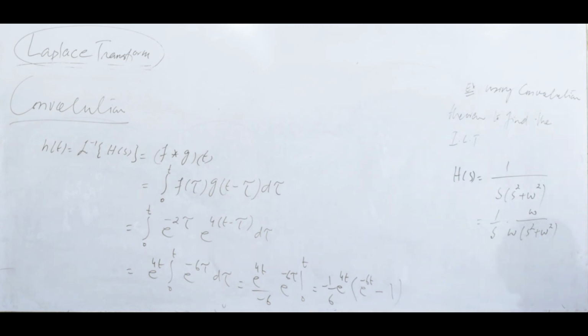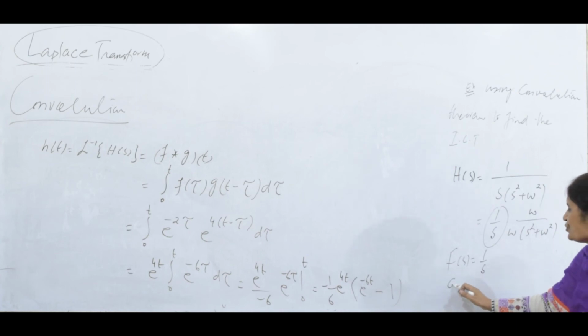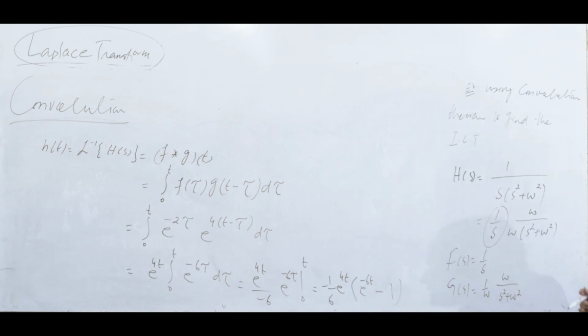Let me write this. Let me name this F(s). F(s) is 1 over s, and G(s) is equal to omega over s squared plus omega squared. This I have written. And if I am naming, I can find their Laplace inverse.